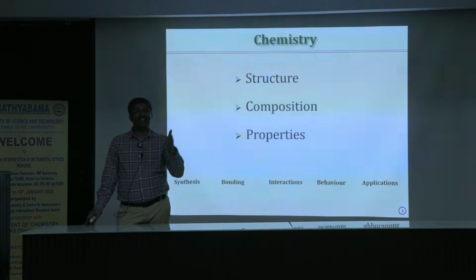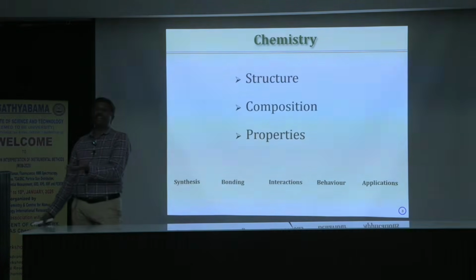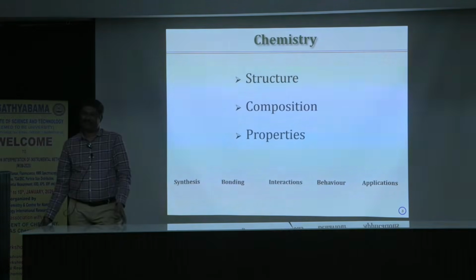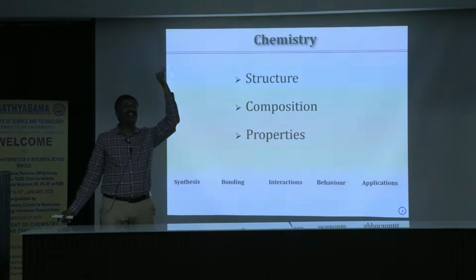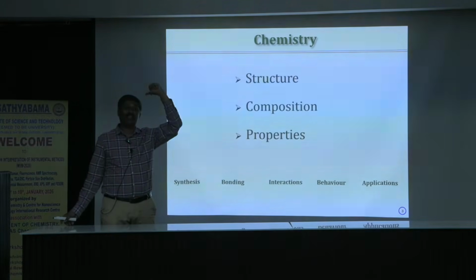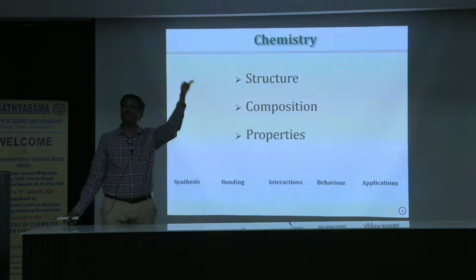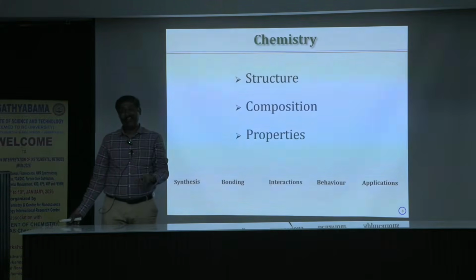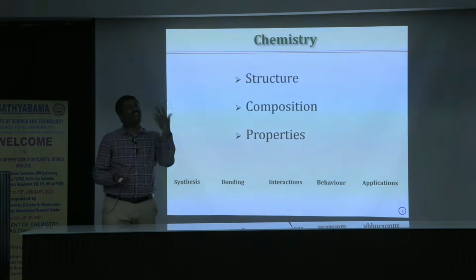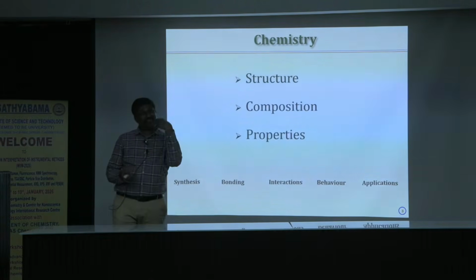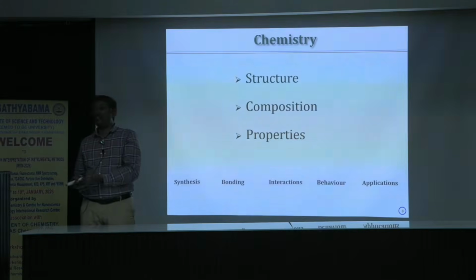Why do we need to understand properties? For the desired application. So if you see the series again, design can be through experience, literature, computational methods, or AI. Synthesis is hands-on experience, making and breaking bonds. Then purification, then characterization, then studying or understanding the properties.